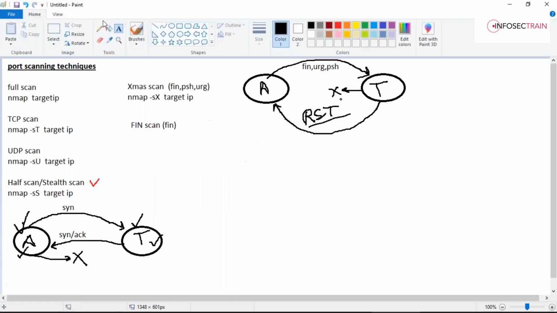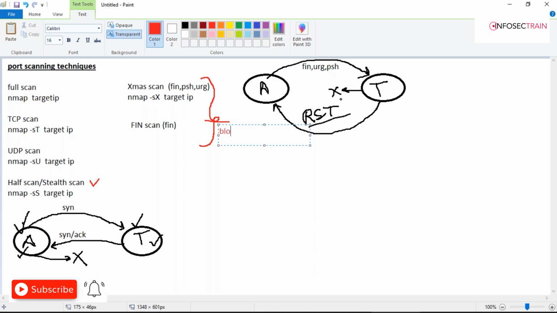Now guys, two things to be remembered. One thing to be remembered about both of these scans is that they are blocked by default in the Windows platform. It means that using your Kali Linux, if your target machine is Windows and you perform Xmas scan or FIN scan, you will get a wrong result.